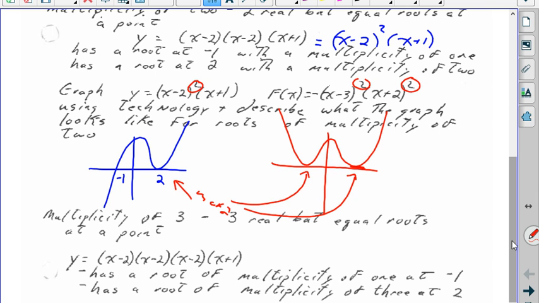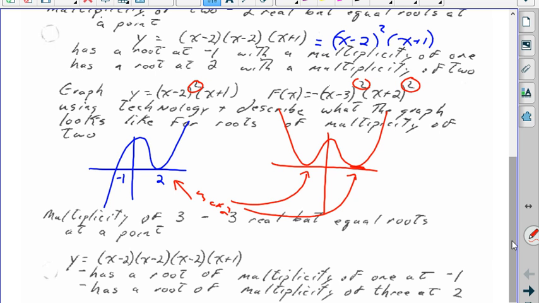How would you describe that point? What did Mrs. Lowy use to describe that where it was just touching the x-axis? The terminology that we need to use is point of tangency. So we can describe this as the turning point is on the x-axis. I'm perfectly happy with that.